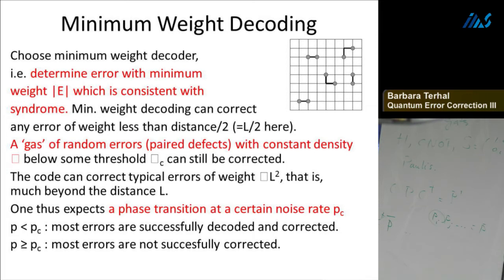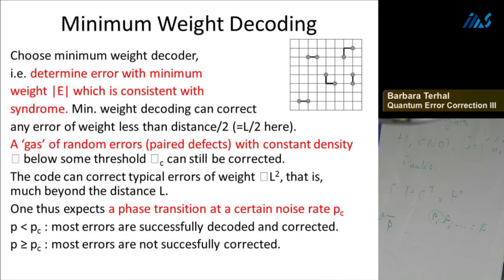But the distance of a code, especially of these topological codes, is not everything. We can potentially correct more errors above the distance. It depends on just what these errors are. If I put random errors on this space, so random single or 2 qubit errors like this, I can very well correct this, as long as the density of errors is sufficiently low and these pairs of defects are separated, because then it's quite clear how I should annihilate them.